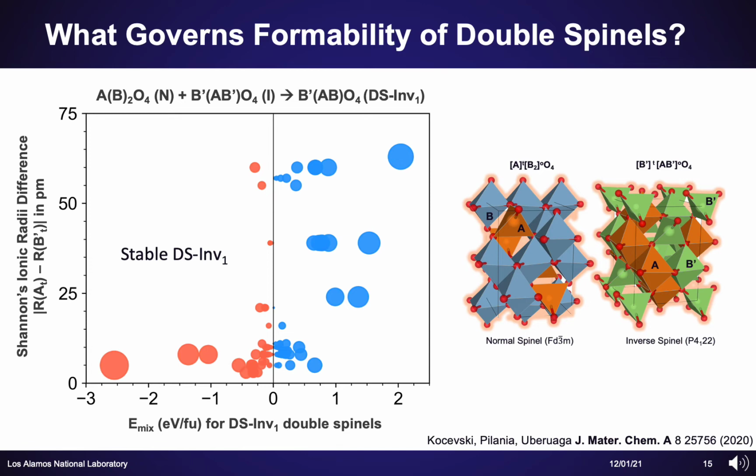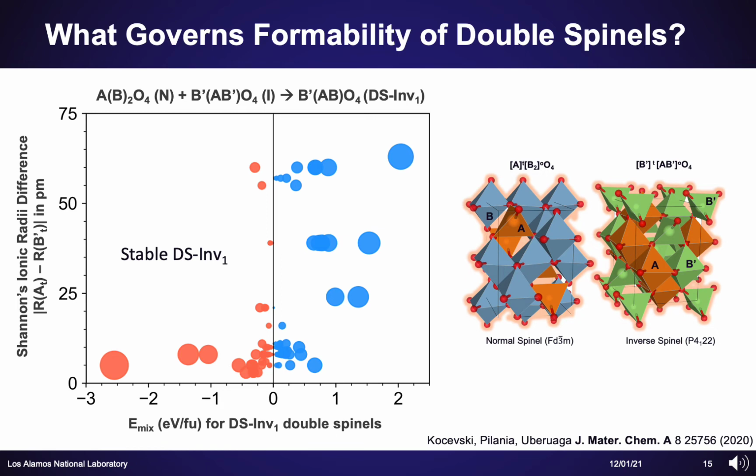The rationale behind choosing the specific cation radius stems from the fact that while A cations occupy the tetrahedral sites in a normal spinel, in a double spinel inverse configuration all the fourfold coordinated sites are occupied by the B prime cations. Therefore, if Shannon's ionic radii for the A and B prime cations differ significantly, one would expect that the resulting double spinel chemistry would be destabilized due to unfavorable local strain effects.